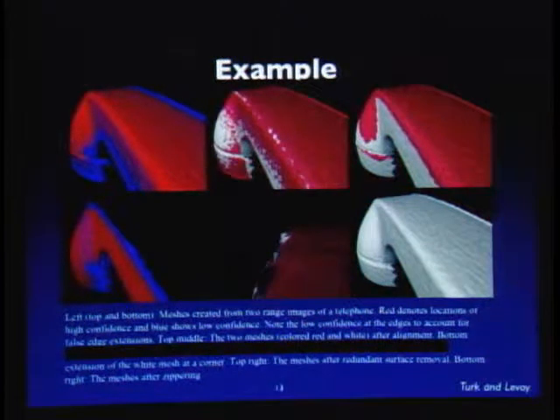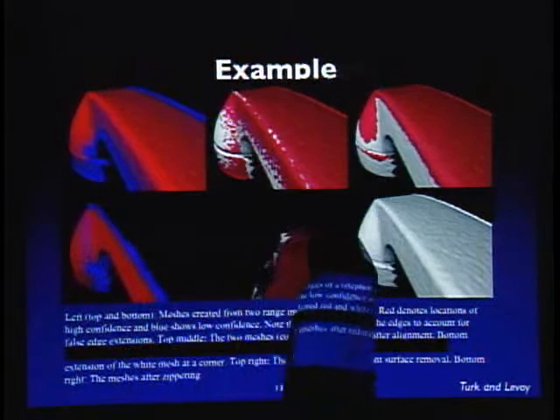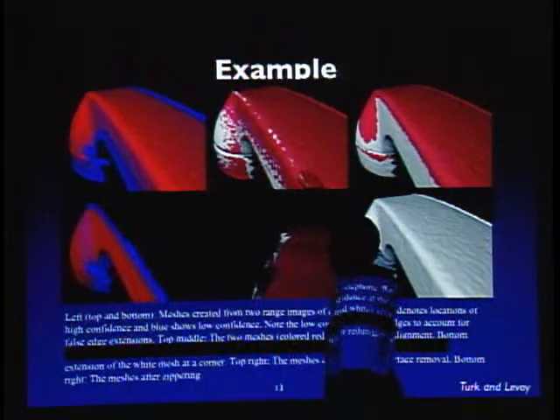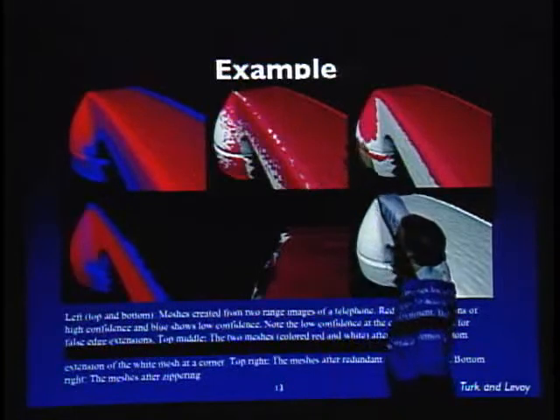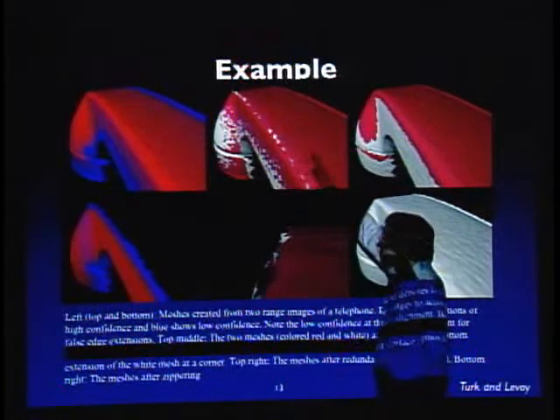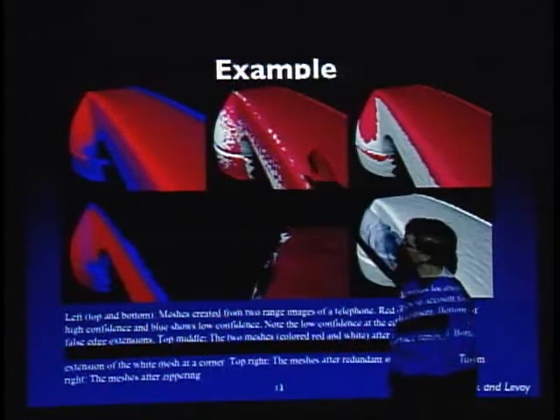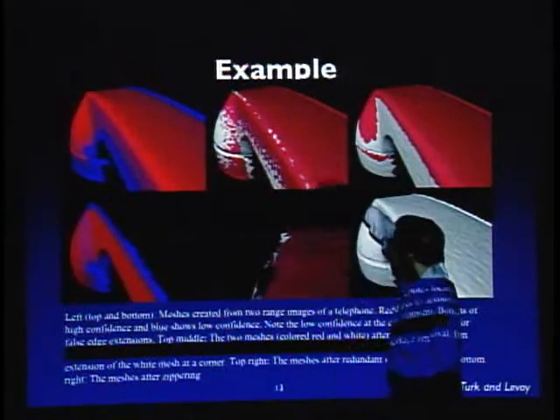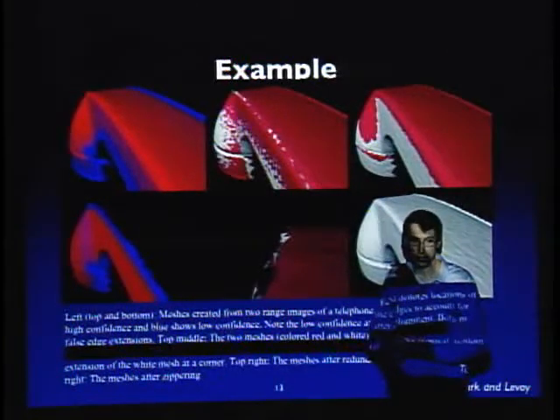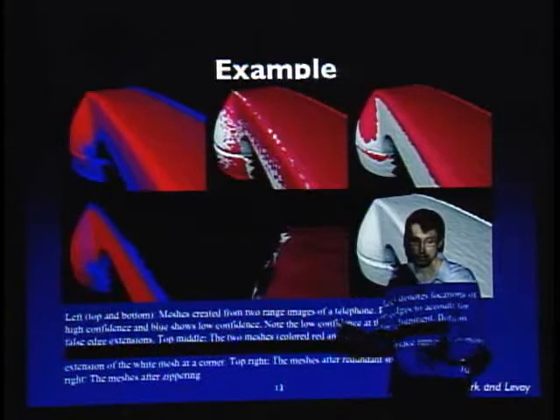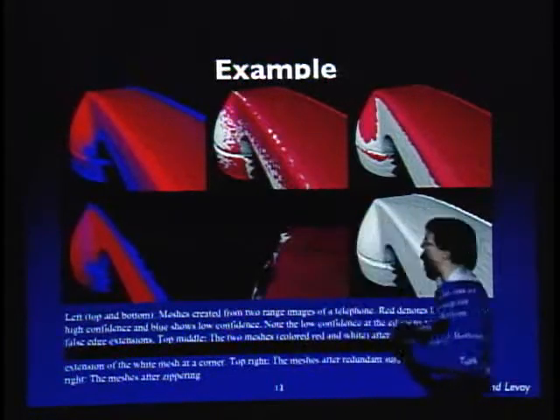But here's another example. Now here is actually kind of a difficult area for these mesh-based methods. As you can see, there's a lot of noise at the 90-degree angle where the receiver goes from this orientation to that one. And so if you were to simply represent the two meshes together in the same data set, you would see all these jagged bumps coming out of the edge which don't represent anything in the real world.